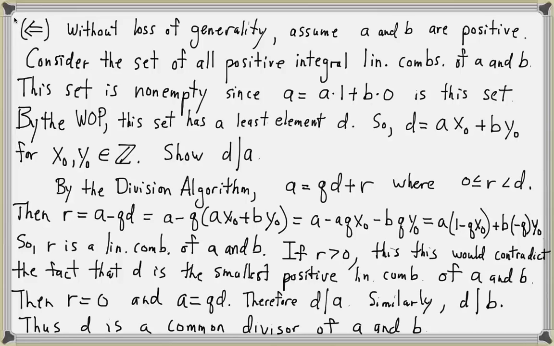Then we'll show that if C is a multiple of D, then AX plus BY equals C has a solution as well. So next we show that D is the greatest common divisor of A and B.